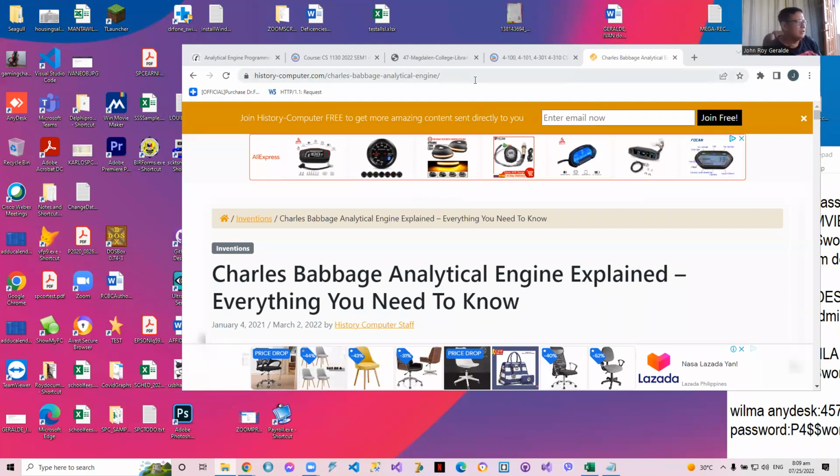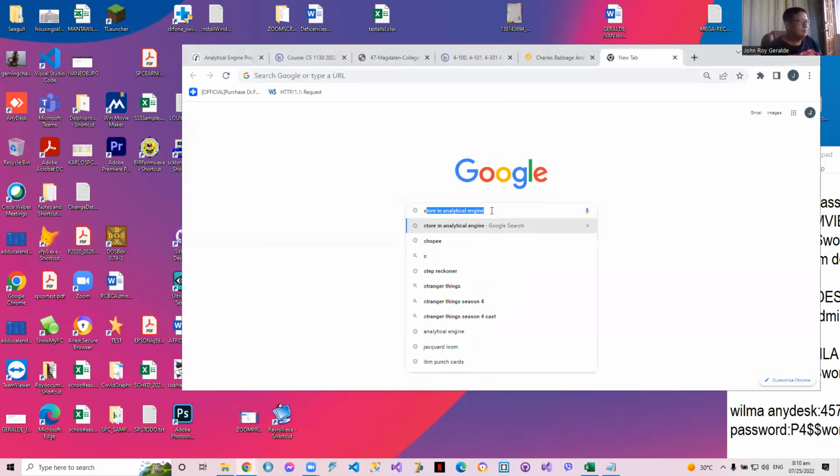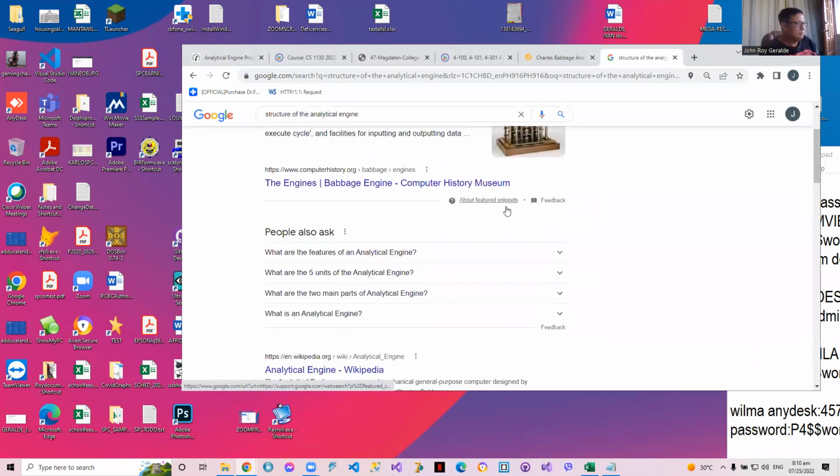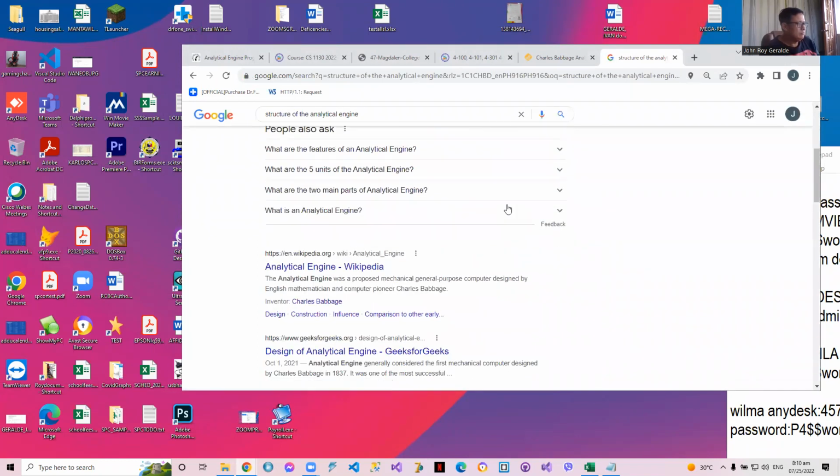Structure of the analytical engine. I forgot the source.